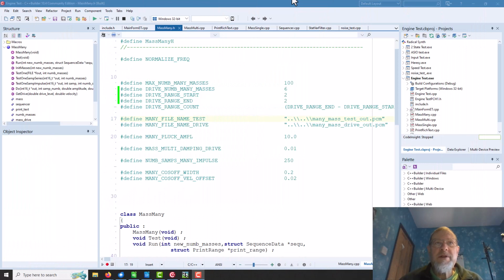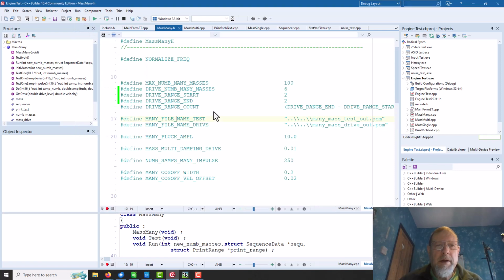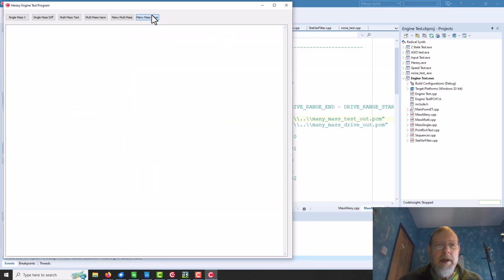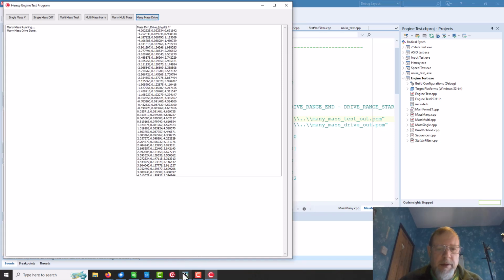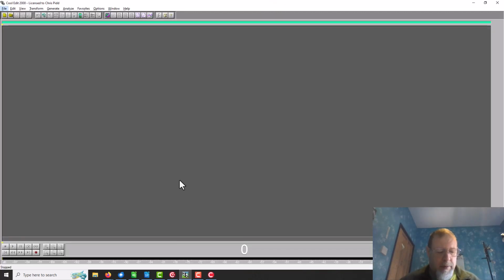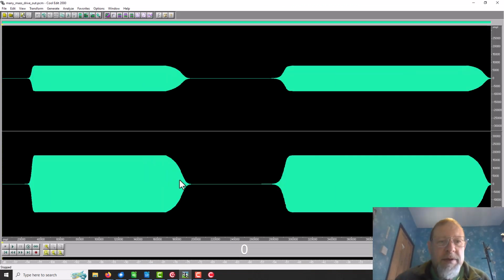Okay, tell you what, let's try down at a few masses where if we just plucked it, it was very inharmonic and clangy. So I've got 6 masses and we're driving mass number 2. So if we fire this up, and run it, there we go.